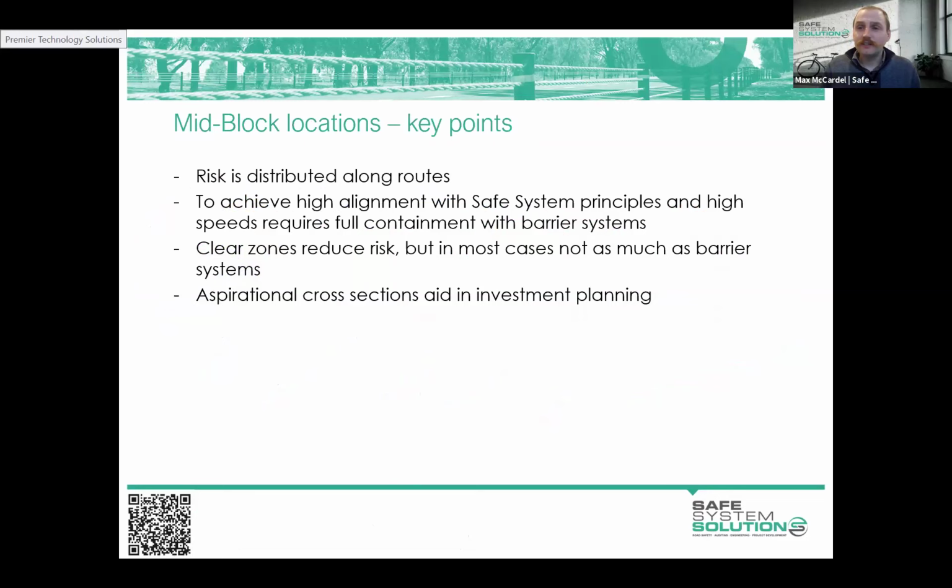Just to close off this discussion for mid-blocks, to achieve high alignment with safe system principles, it's basically barrier systems, full containments, continuous barrier systems. Clear zones, they do reduce risk. They do a good job of that, but not as well as barrier systems.